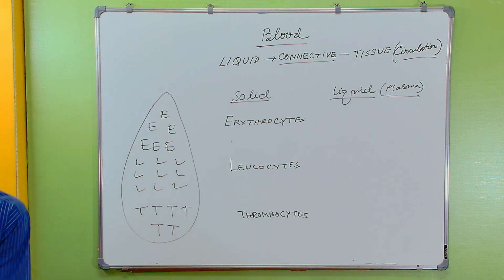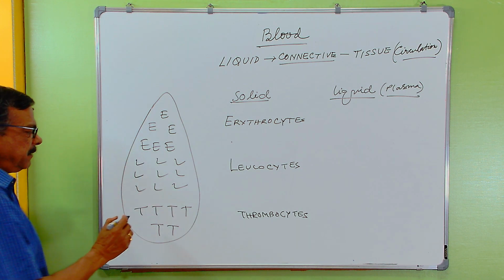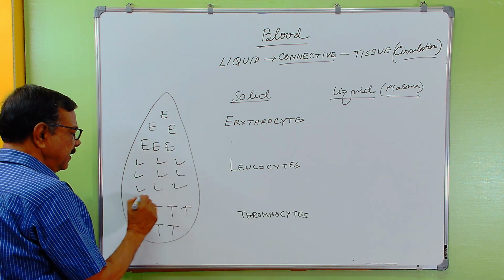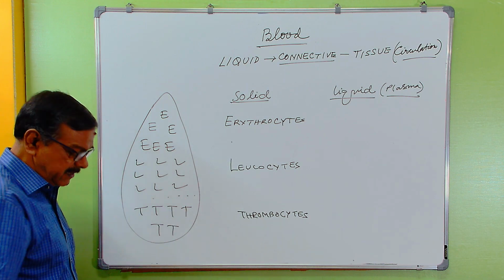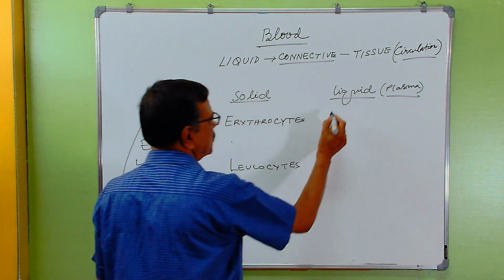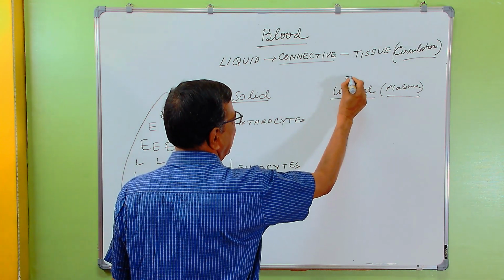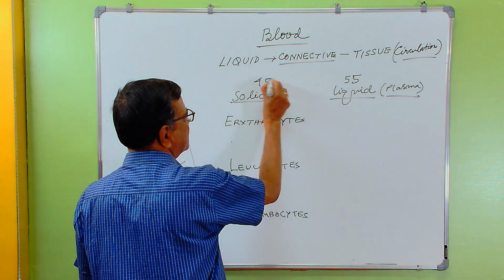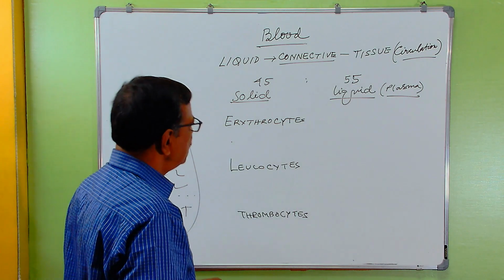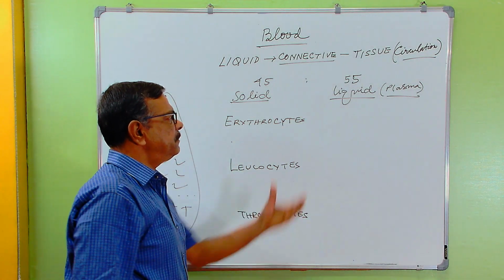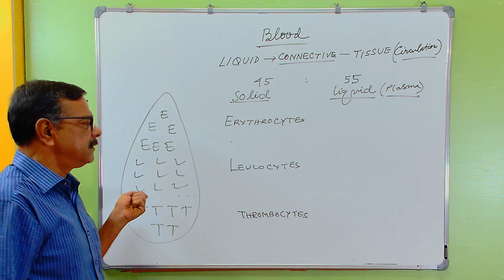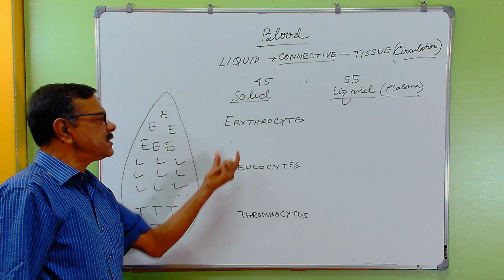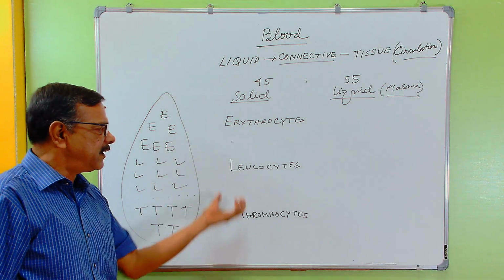These cells or formed elements remain suspended within the plasma. The plasma portion is 55% and the solid part is 45%. That is, out of 100, 55 remains liquid. So it remains in a liquid state, and the solid part is less, so it remains solid.